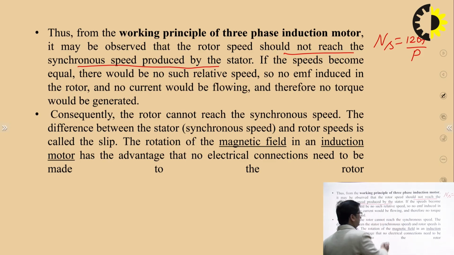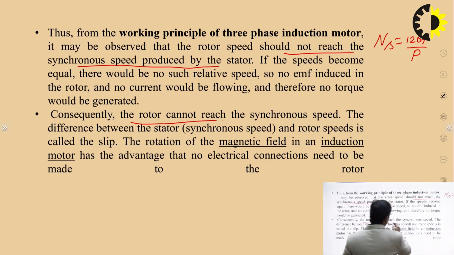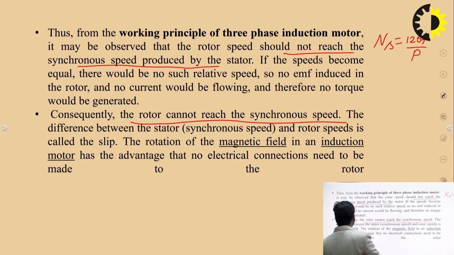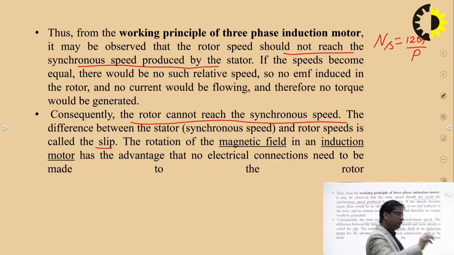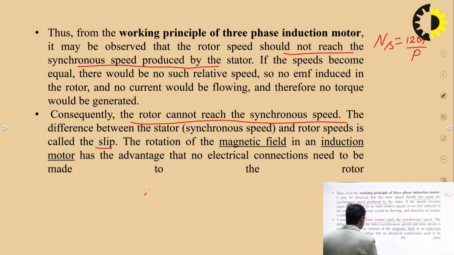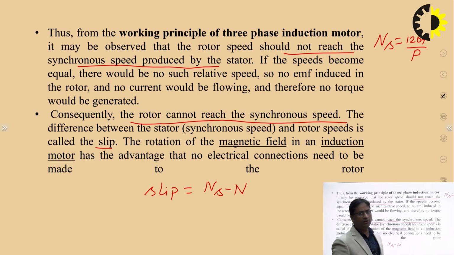Now, as the rotor cannot reach the synchronous speed, the difference between the stator and the rotor speed is called the slip speed. Slip speed is Ns minus N, where Ns is the synchronous speed, that is the speed of the rotating magnetic field, and N is the speed at which your rotor is rotating.